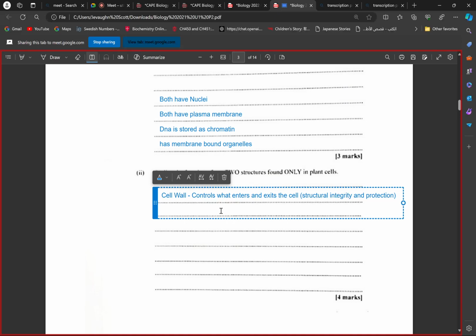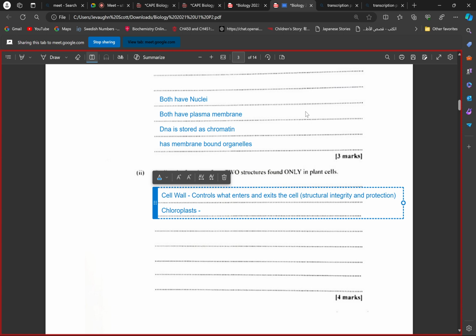Alright, we have chloroplast. What is the function of chloroplast? It contains chlorophyll for photosynthesis.